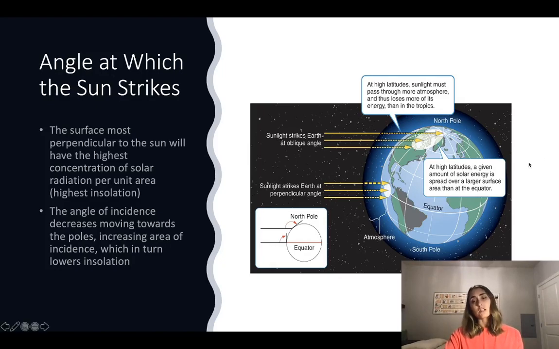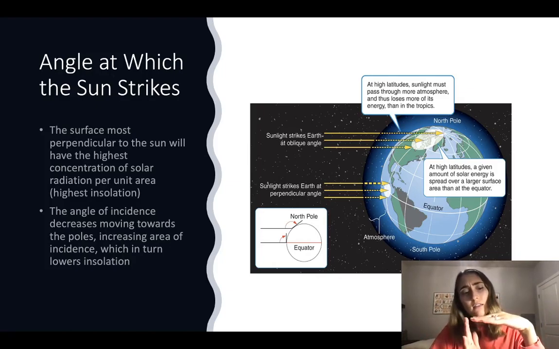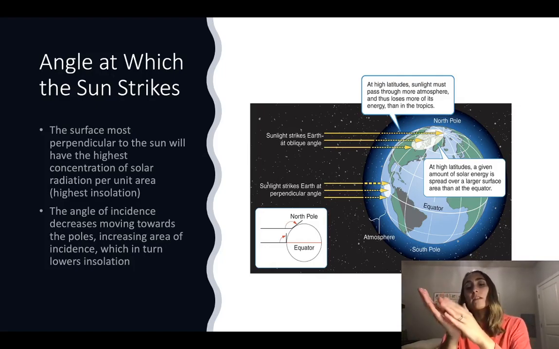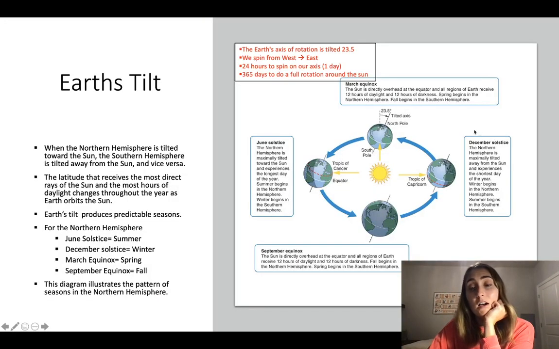So this image does a pretty good job. You can see they're mimicking the Earth being at this slight angle, or this slight tilt. And as a result, the angle at which the sun is hitting is what we call the angle of incidence. As we move closer to the poles, the light is spread out over a larger surface area.